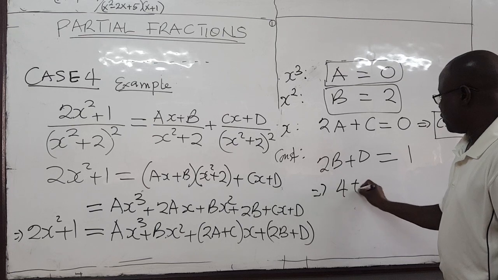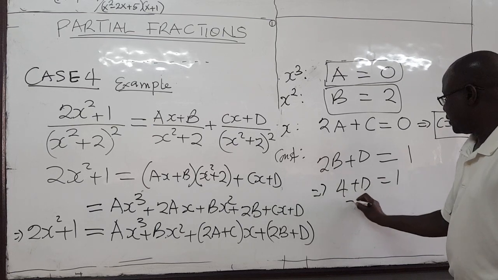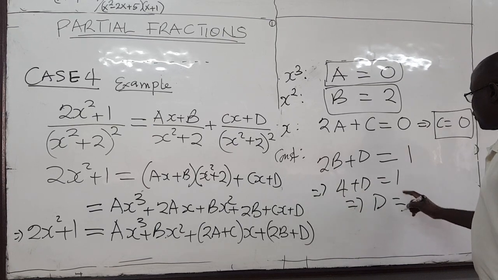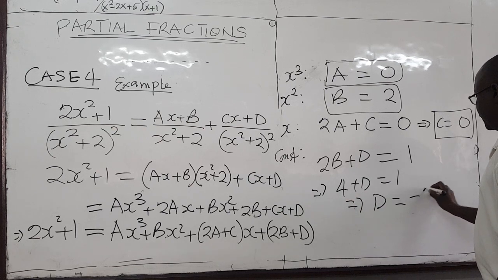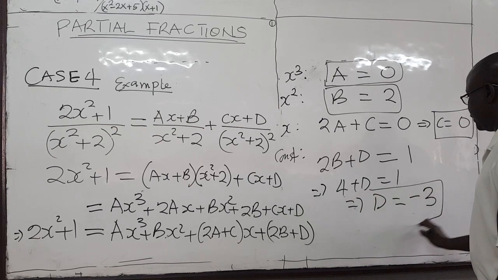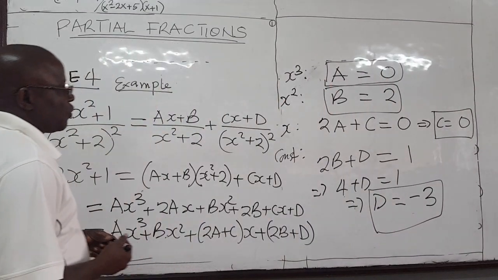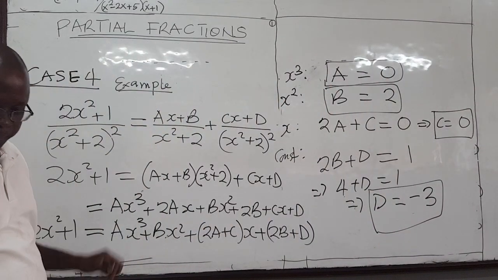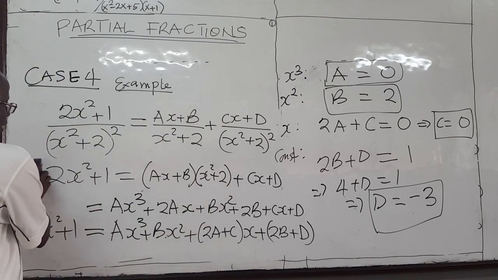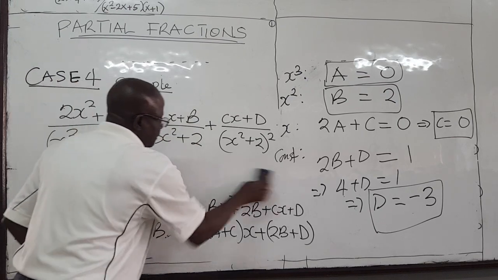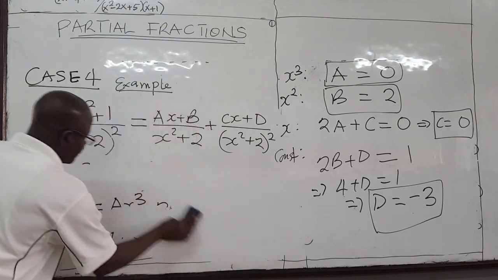So 4 plus d is equal to 1, which implies that d is equal to 1 minus 4, negative 3. So we solve for a, b, c, and d. We plug them in there, and that should give you your partial fraction.